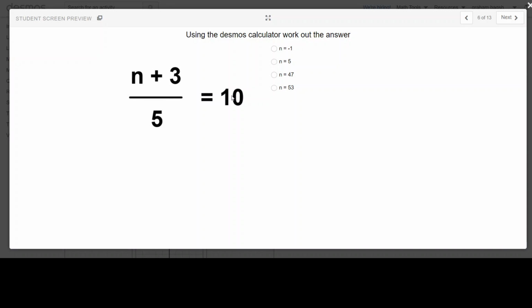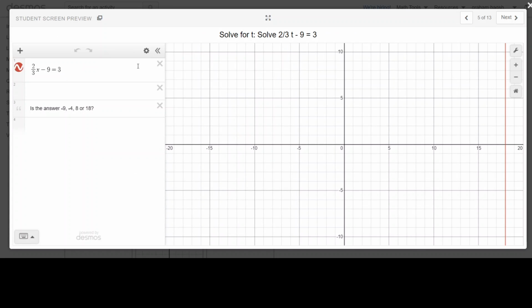So this one, we've got a fraction equals a number, and I've got my multiple choice answers here. So I'm going to go back to the other side, and I'm going to type in this question. So n plus 3, all divided by 5. Let me get rid of all these now. I'm going to push my divide button, or you can push the slash symbol, and it will give you that first. It said n minus 3 for this question, I think.